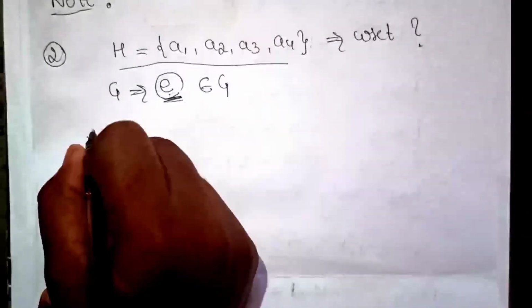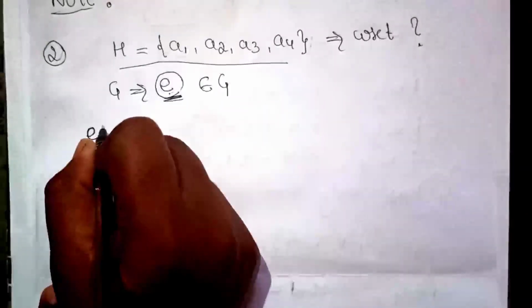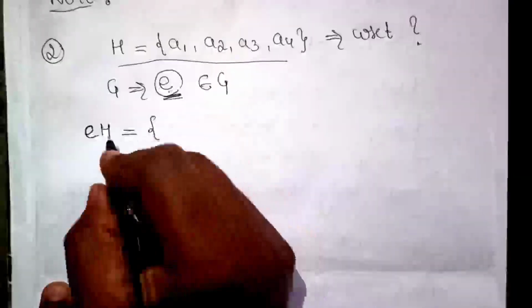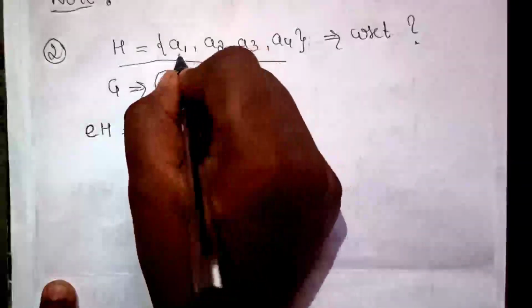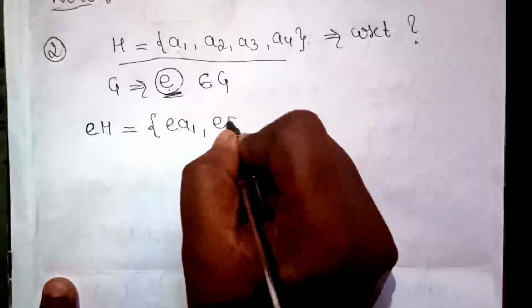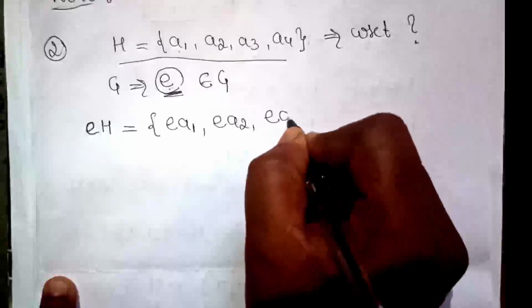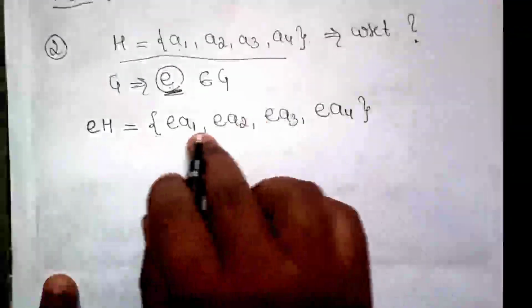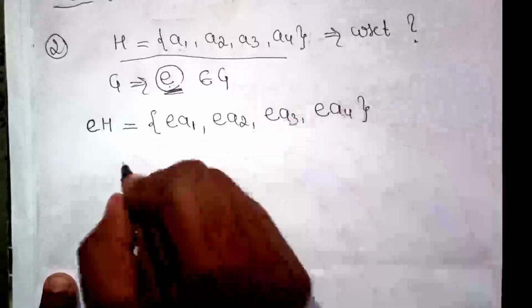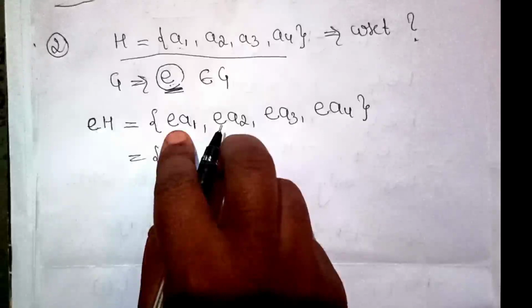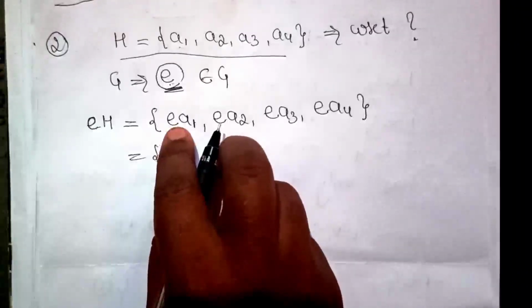First we can form the left coset E dot H. Then what happens? E dot A1, E A1, E A2, E A3, E A4. This is the left coset. So see here, what happens when we operate the identity element with any element?